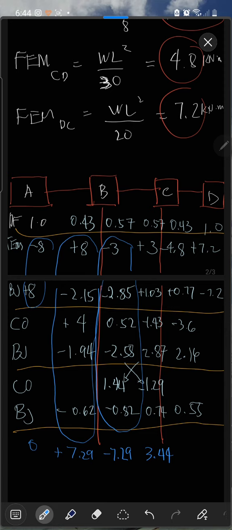So 4.92. Okay, so last na yung addition. So negative 4.8 plus 0.77 minus 3.6 plus 2.16 plus 0.55, still negative 4.92, then 0.